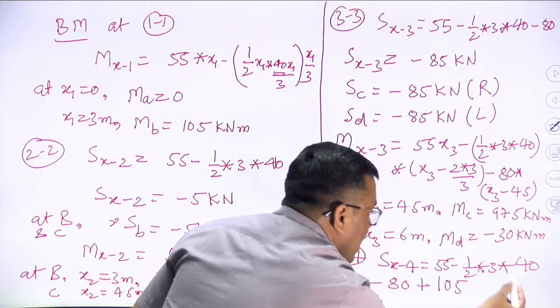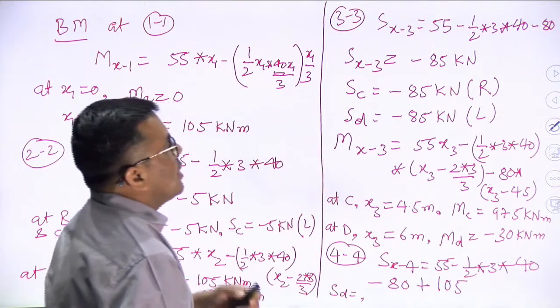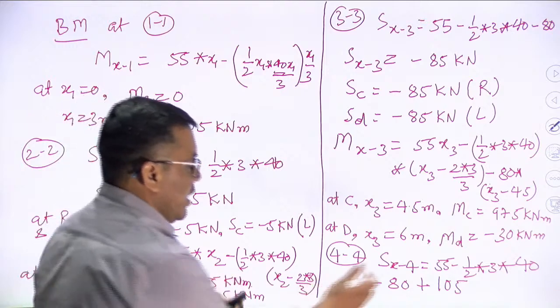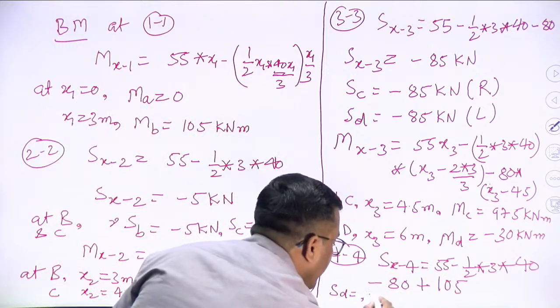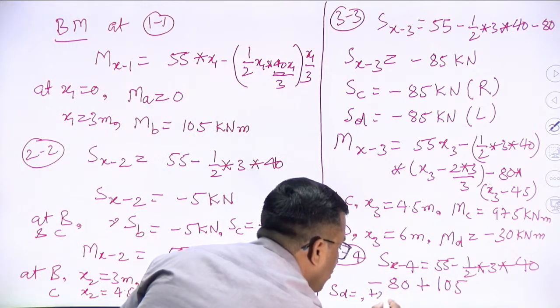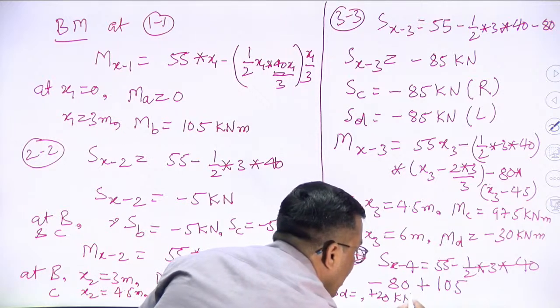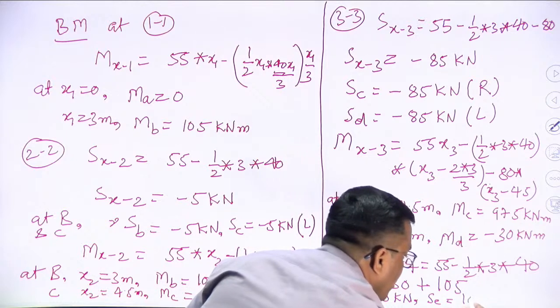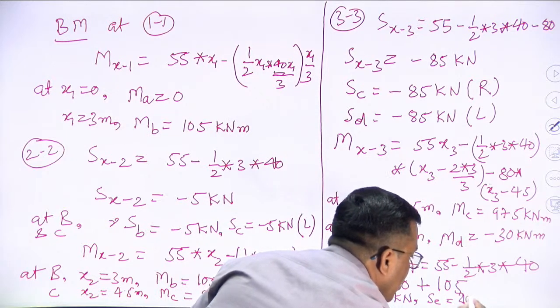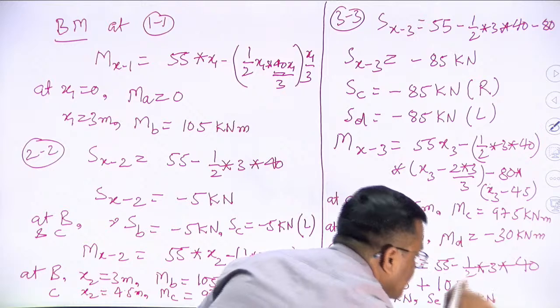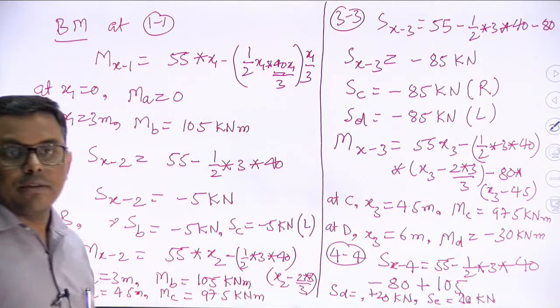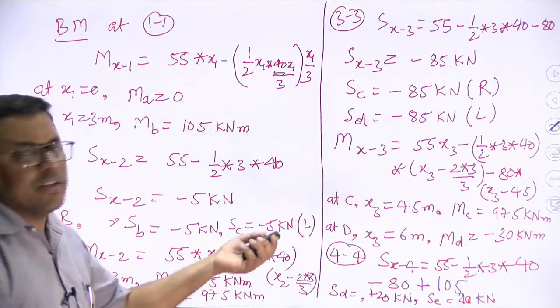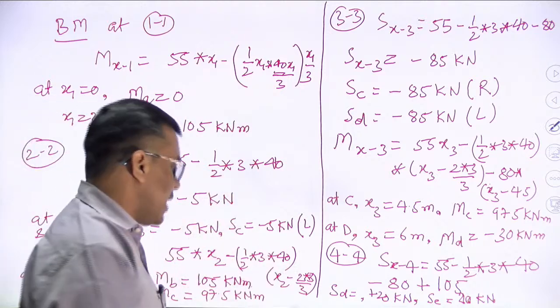So 55 minus half into 3 into 40 minus 80, this came as minus 85, and plus 105, so it is coming out plus 20 kilonewton. And at point E also it is coming out plus 20 kilonewton. Okay, is it okay? The equation was quick; we were writing the same type of equation again and again.